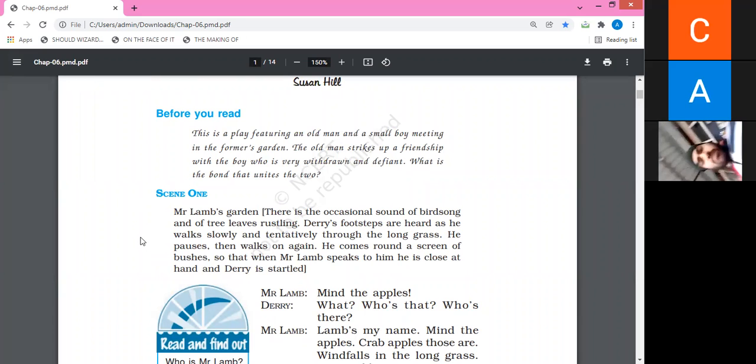If we are born on this earth, we have to face losses also. Every time we cannot get the positive side of our life. No doubt, benefits will also be there, but losses are also a part of our life.